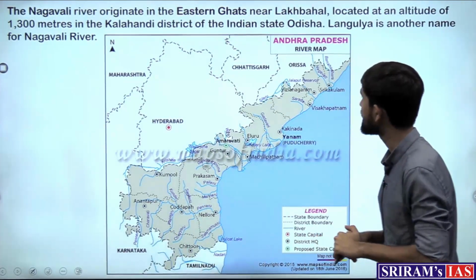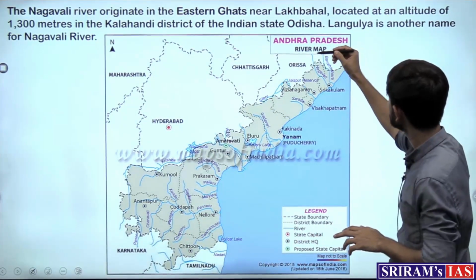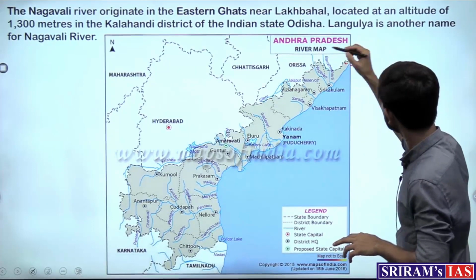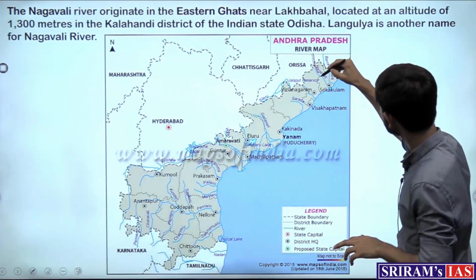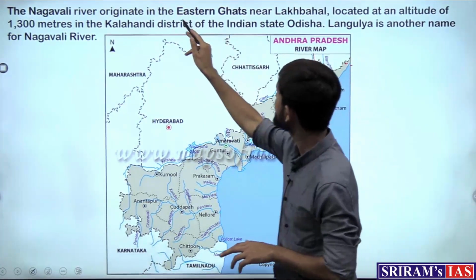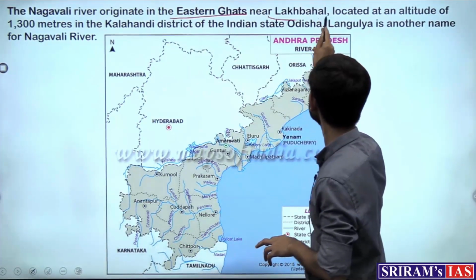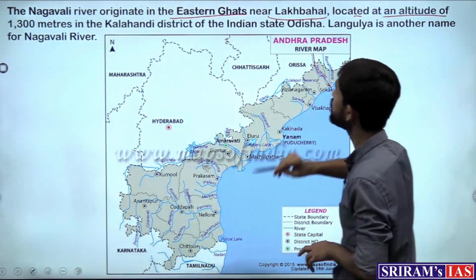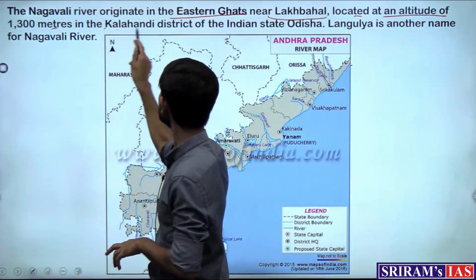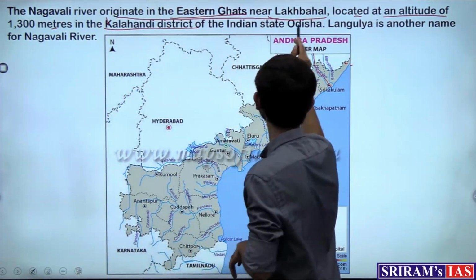The river Nagavali originates in the eastern Ghats near Lakhbahal, located at an altitude of 1300 meters in the Kalahandi district of the Indian state of Odisha.